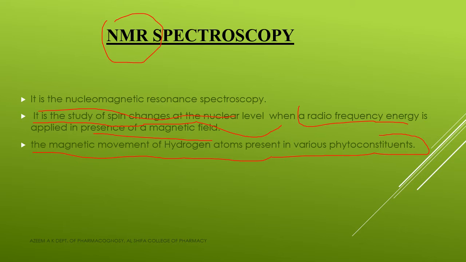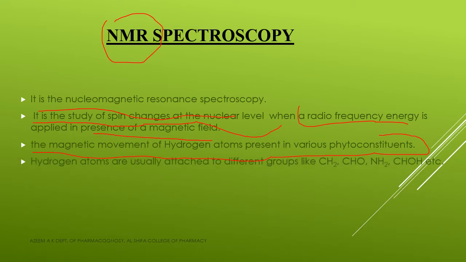Okay. So NMR spectroscopy is the nucleomagnetic resonance spectroscopy. Then it is the study of spin changes at the nuclear level when a radio frequency energy is applied in presence of a magnetic field. Clear? Now, the magnetic moment of hydrogen atoms present in various phytoconstituents can be estimated with the help of NMR spectroscopy. Clear?